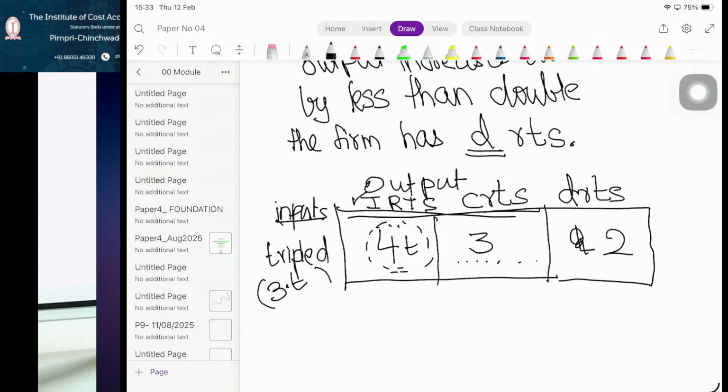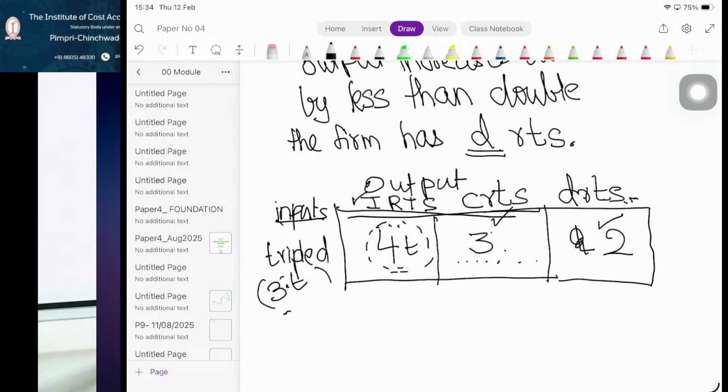Have you all got this? Have you all been able to get why these numbers are put 4, 3 and 2? If inputs triple and output also triples, then it is the case of constant returns to scale. If inputs are tripled but output only doubles, then it is decreasing returns to scale, because inputs increased 3 times but output has increased only by 2 times.